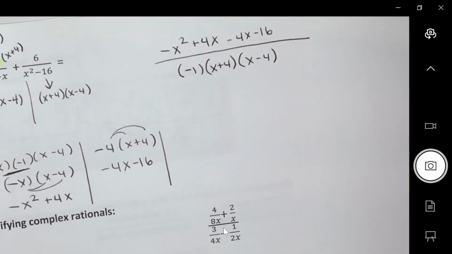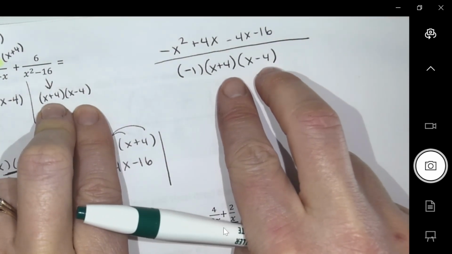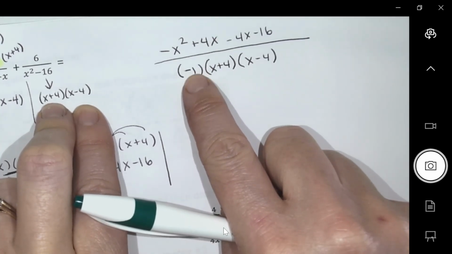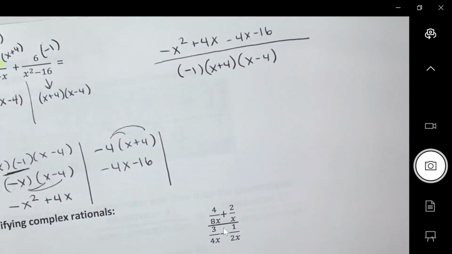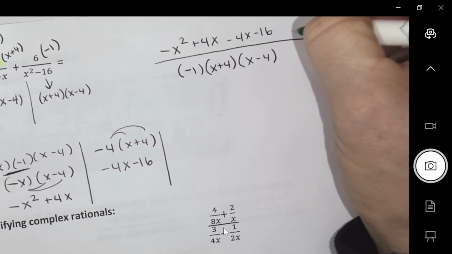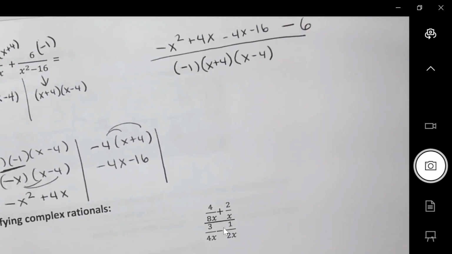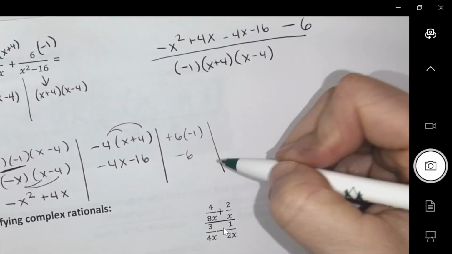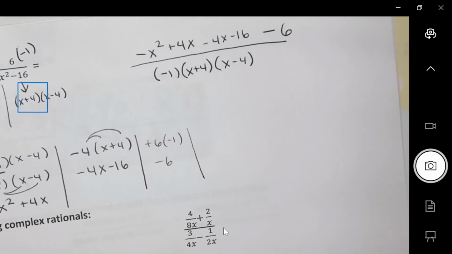Okay, now I'm on to the 3rd fraction. Look at this bottom. What happened to the bottom? It doesn't have the negative 1, so that's what changed. So I will have to also change that onto the top, which makes minus 6. Okay, so those were the 3 fractions, breaking them down.